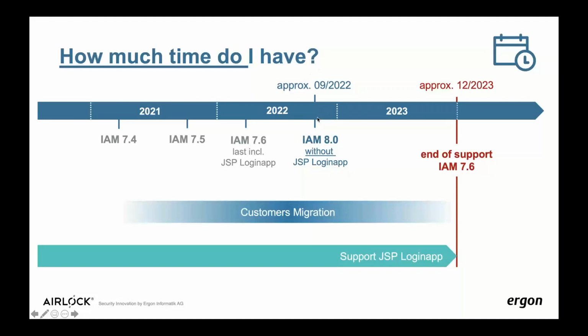By probably the end of Q3, approximately September 2022, with IAM 8.0, we will release our first version without the JSP login app. But IAM 7.6 will still be supported until the end of 2023.